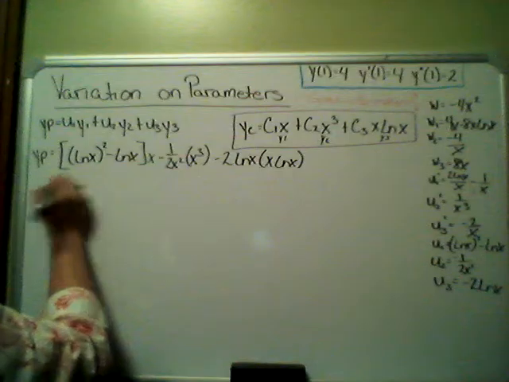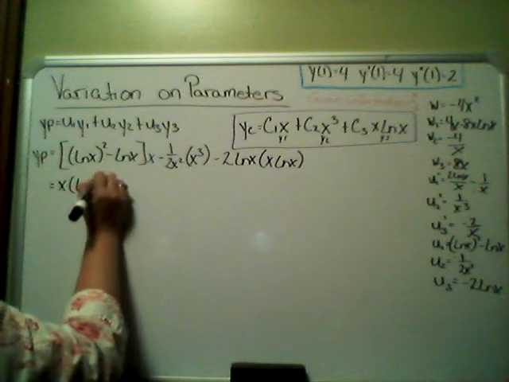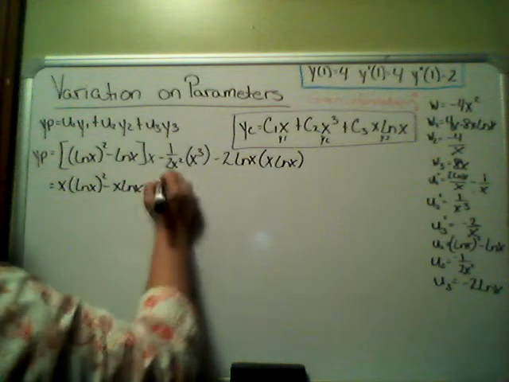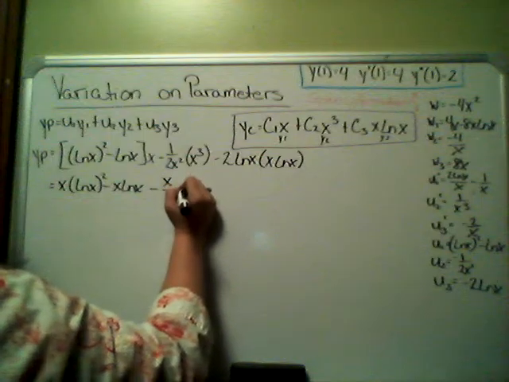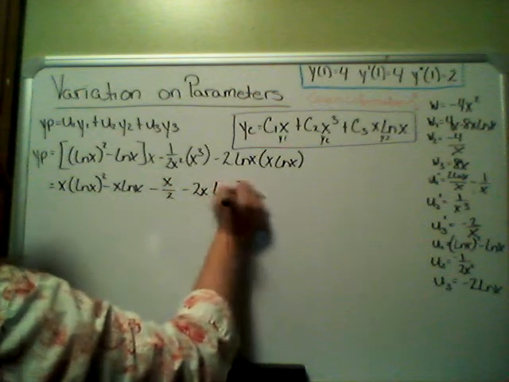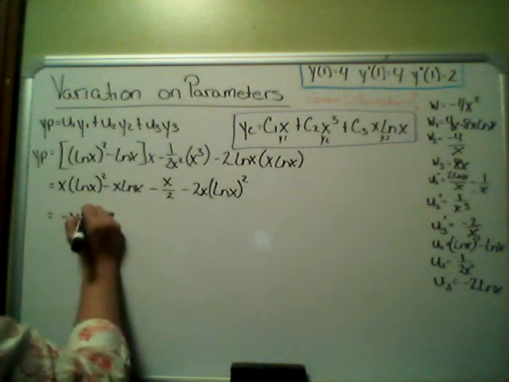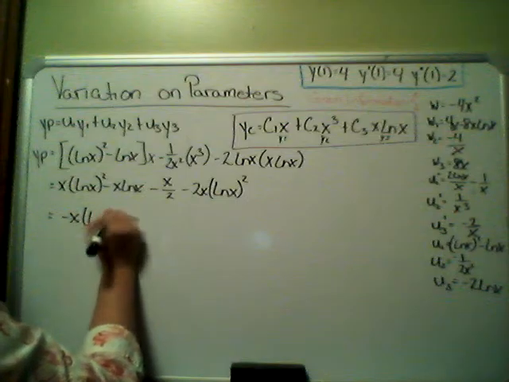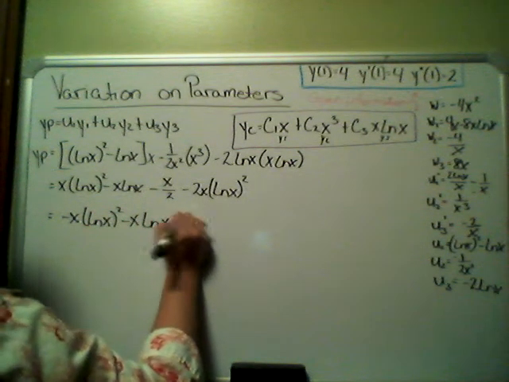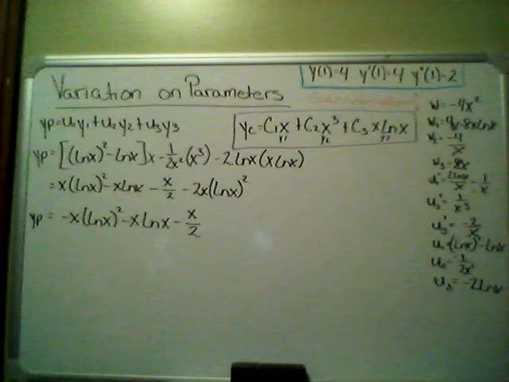And this simplifies down to x times ln of x quantity squared minus x ln of x minus x over 2 minus 2x ln of x quantity squared, which then becomes minus x times ln of x quantity squared minus x ln of x minus x over 2 as our current y sub p.